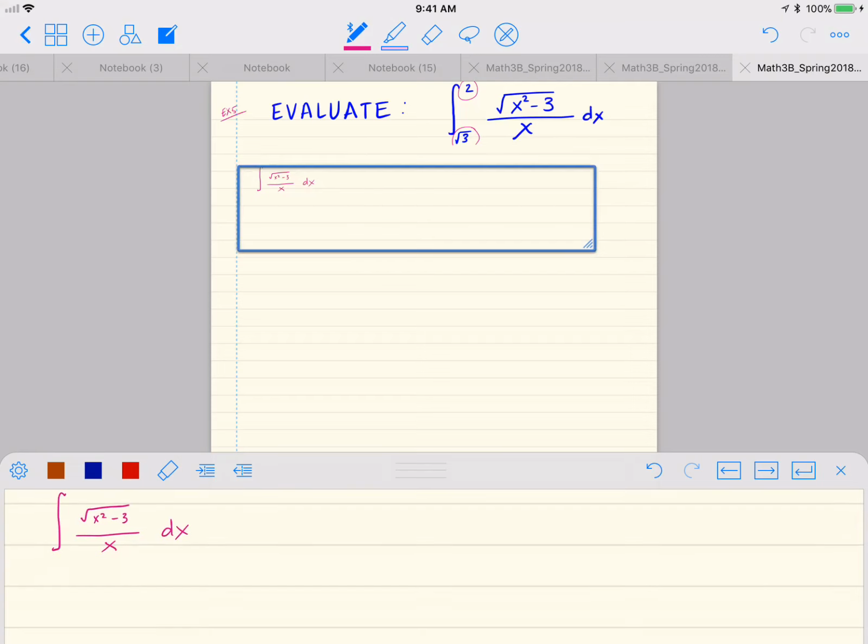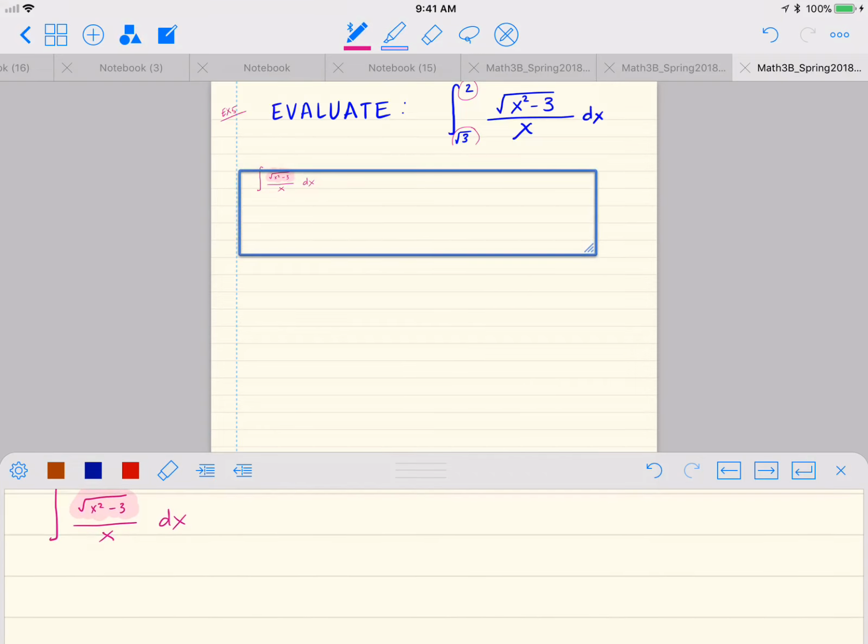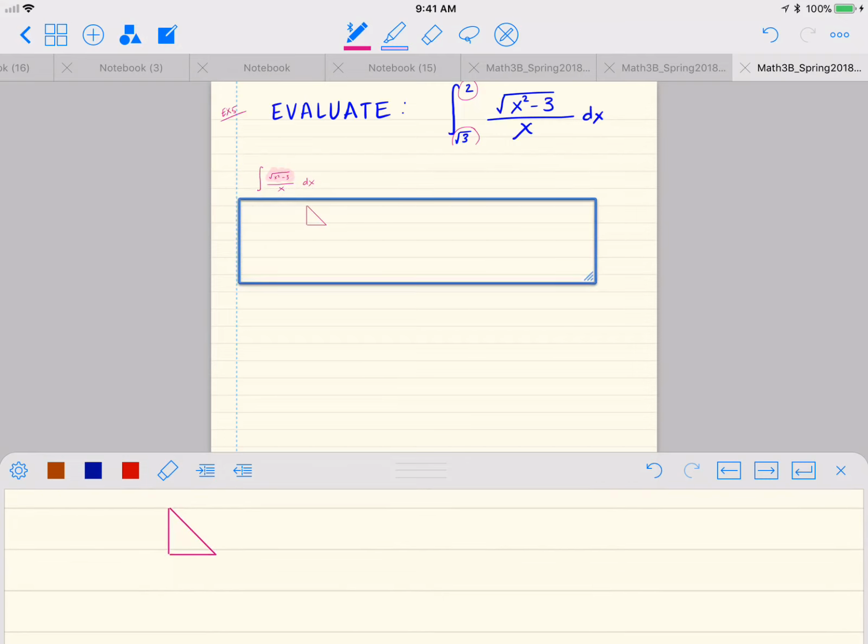So the first thing is I'm looking at this square root in the numerator. That's telling me that when I create my triangle, I want to have that as a leg. So down here, I'll make one leg be the square root of x squared minus 3, and the other leg is going to be square root of 3.